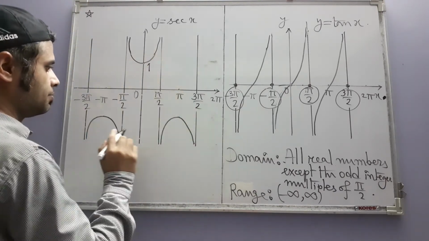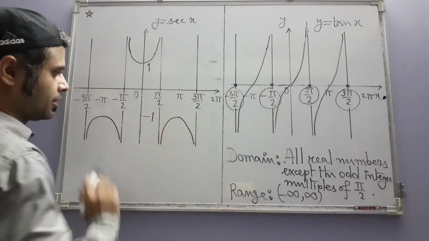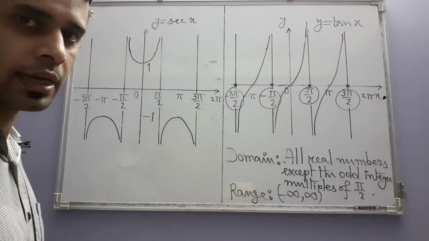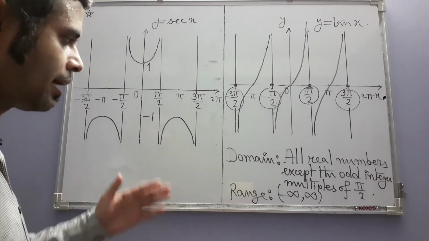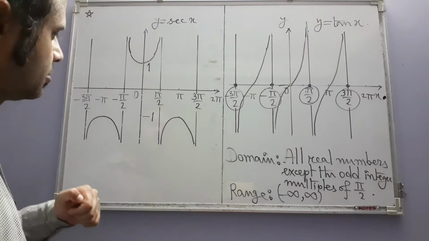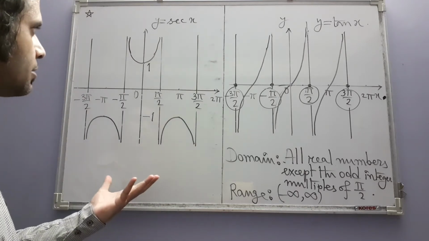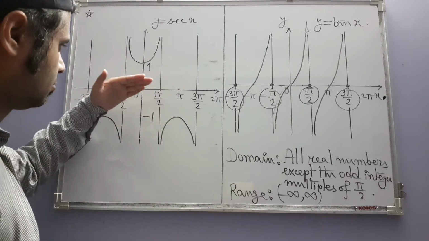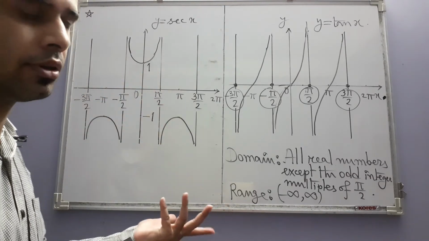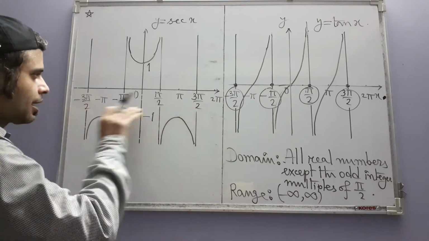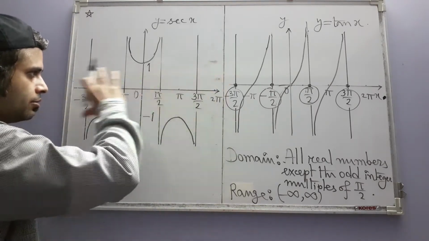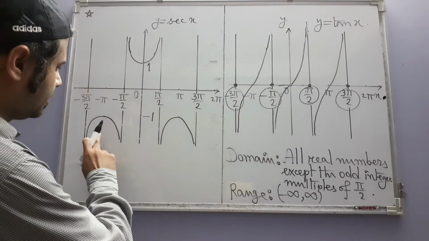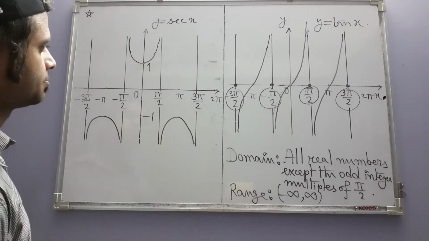This is 1 and this is -1. So unlike the graphs of sine and cos, which are trapped between these two horizontal lines, the graph of secant x, however, does not lie in that region at all. It lies outside of that region formed by those two horizontal lines, y equal to 1 and y equal to -1, and the individual portions look like this.